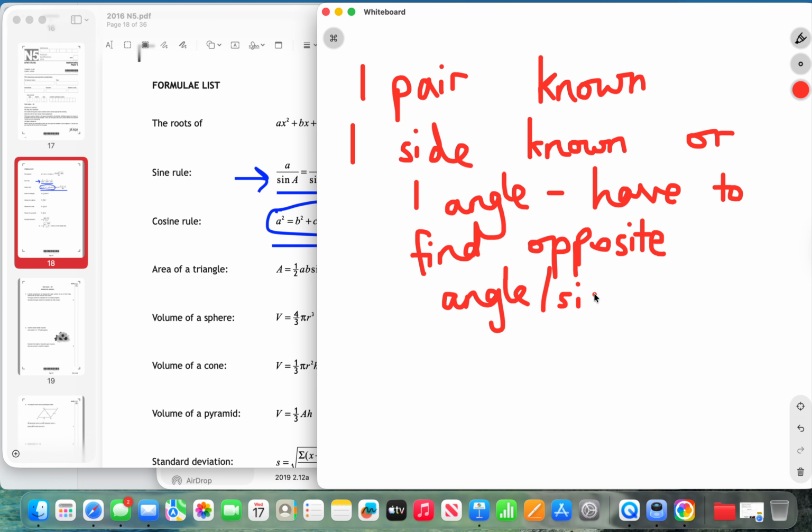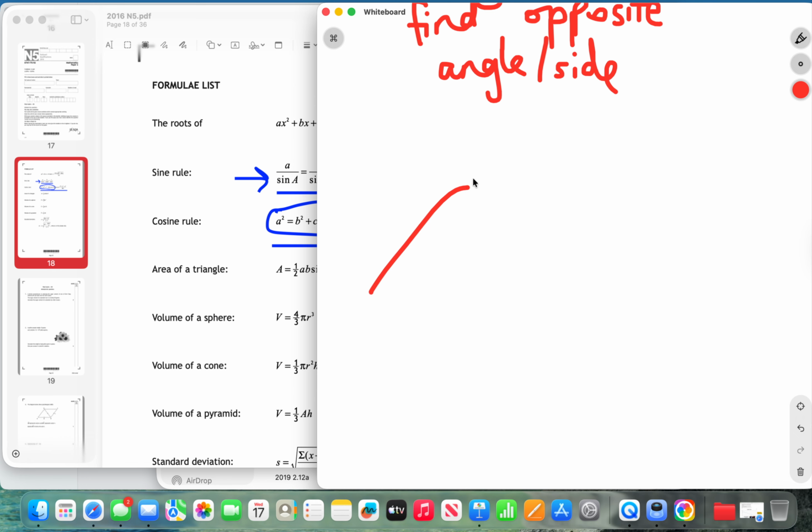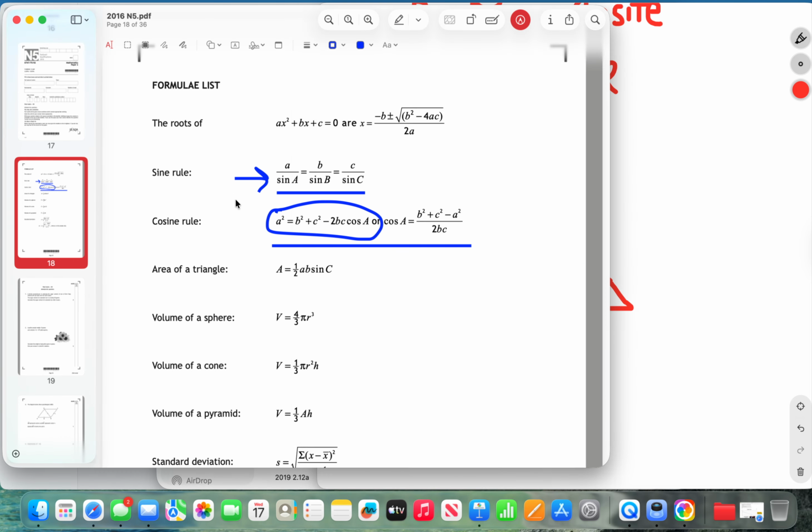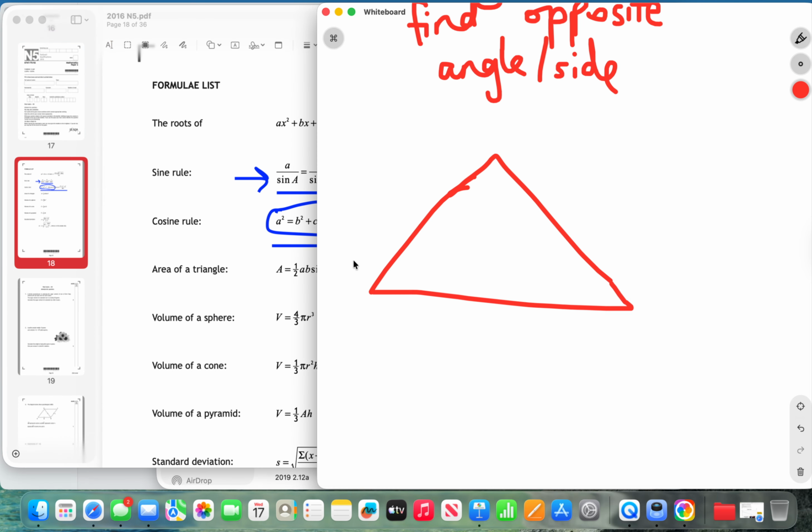So suppose we have a triangle. We're going to call this A, B, and C, with the same conventions as you're given on that sheet. Now suppose we know this angle in here and we know this side.